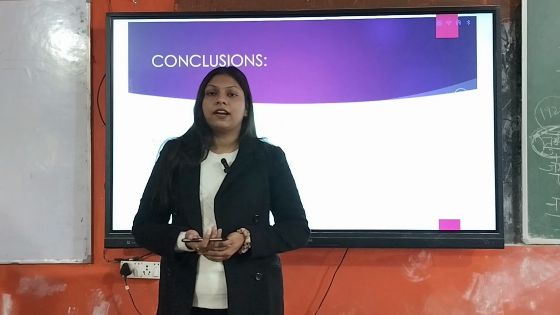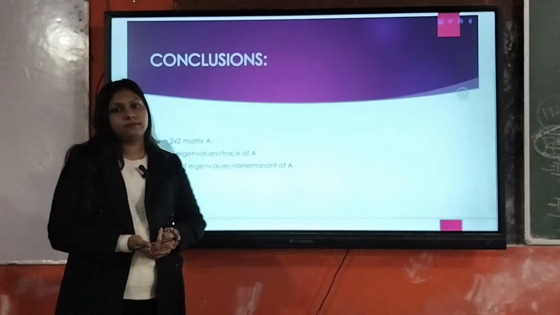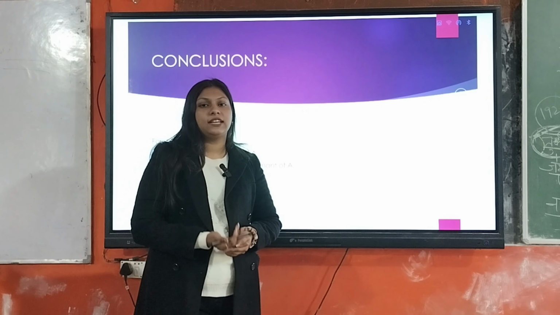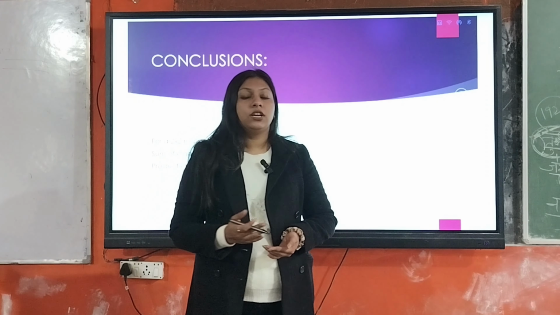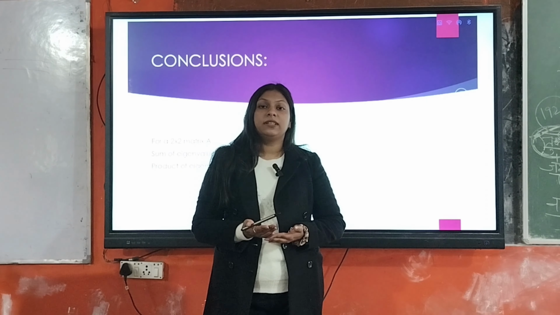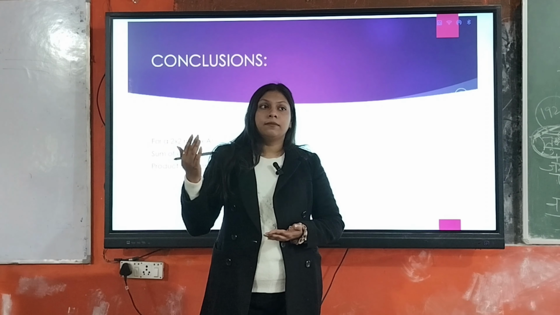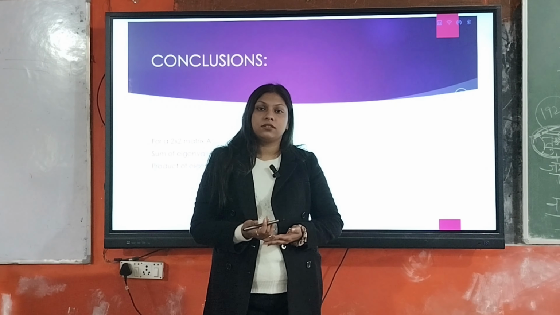If you know the eigenvalues of the matrix, you simply have to multiply them to find the determinant. And if you know the eigenvalues, you simply have to sum them to find the trace of the matrix. Maybe the size of the matrix is 15 cross 15, and you know the eigenvalues.